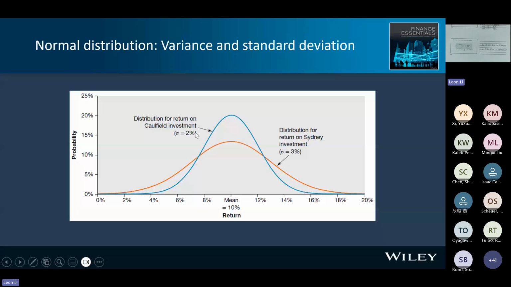If you have high risk, your distribution will be more divergent. That means you have more observations in the tail. Tail means your return could be either very high or very low. On the other hand, if the risk is small, your distribution will be centralized. Most of your return observations will be in the central area.